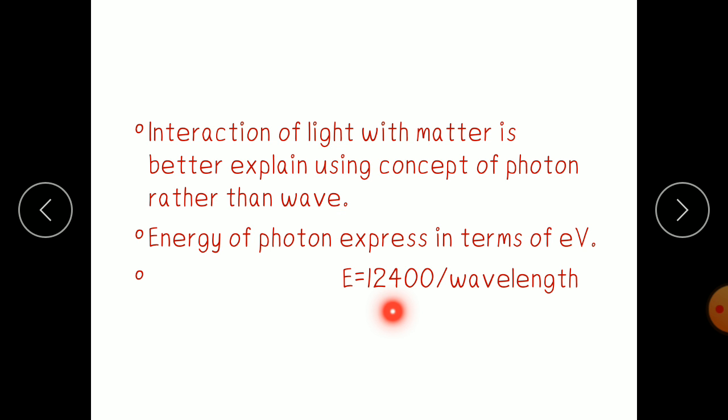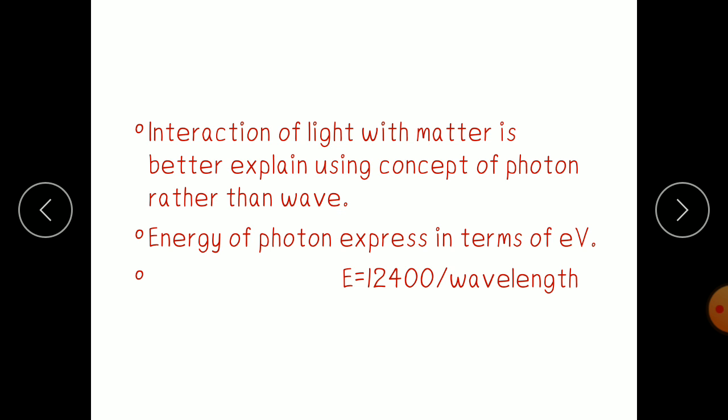If we substitute these values into the formula, we get the product hc, and the result is given by 12,400 divided by wavelength. Actually we have to convert this joule into electron volt.